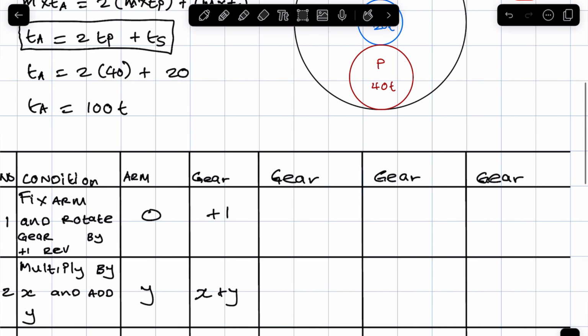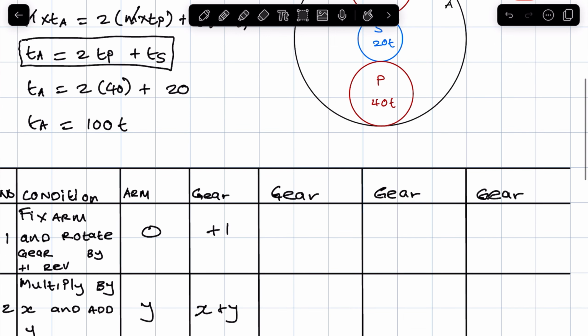Now, the reason it is important to make sure that you have all the number of teeth is that in the first condition, all we really need from the statement is the number of teeth. If you have all the number of teeth, then you can successfully complete the first condition. Out of all these conditions, condition 1 is probably the most important.